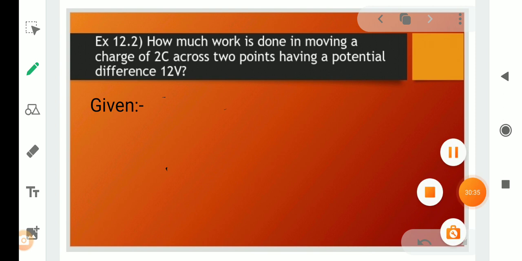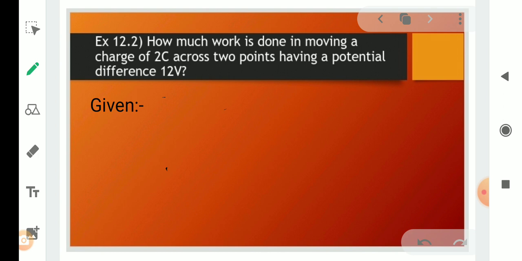We can define potential difference as the work done in bringing a unit charge from one point to the other point. When we define potential difference, we consider 2 points where there is a difference in potential.